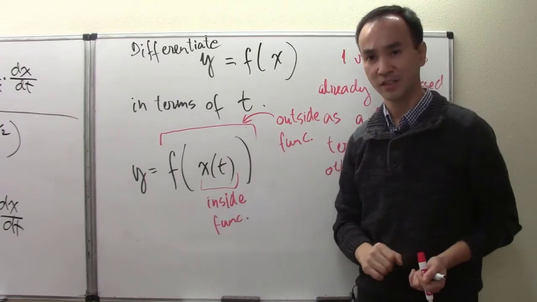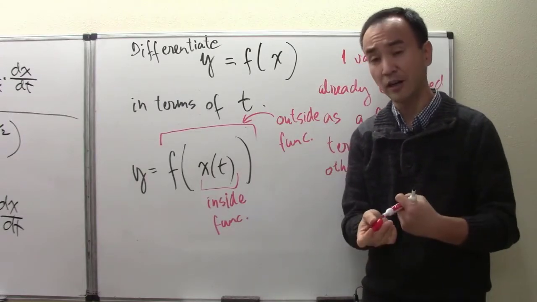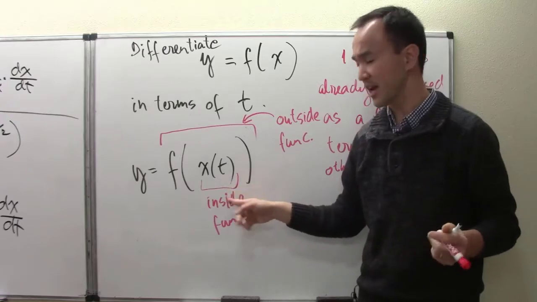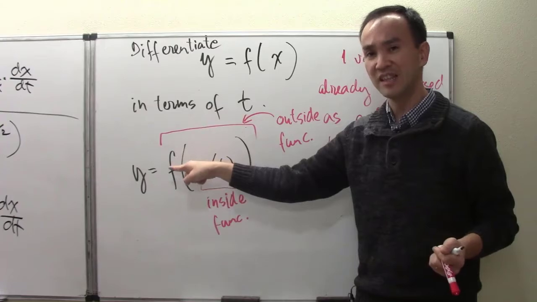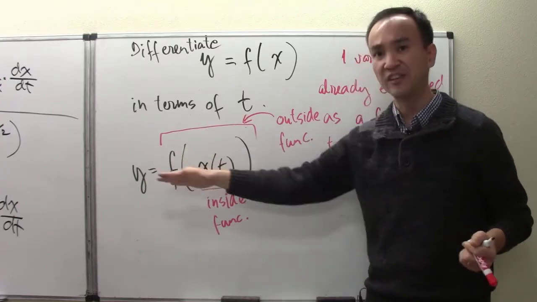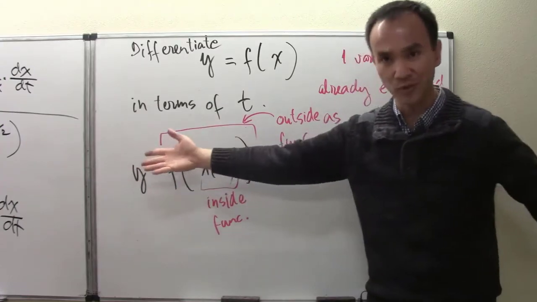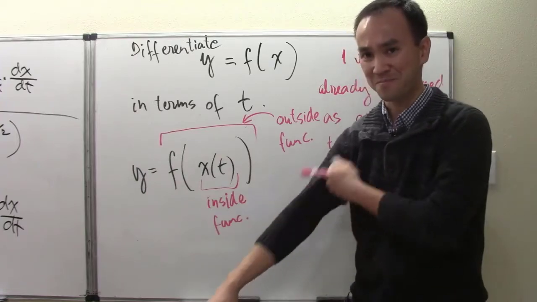And now back to what I was arguing earlier. Once we understand x as a function of t, and then y is a function of x, then eventually y will be a function of t.